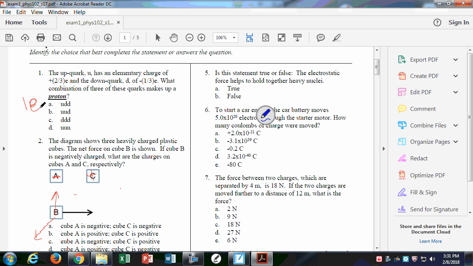And it's going to be up, up, down. That's plus 2/3, plus 2/3, because that's 4/3, minus 1/3. So 4/3 minus 1/3 is 3/3, which is 1e. Okay?